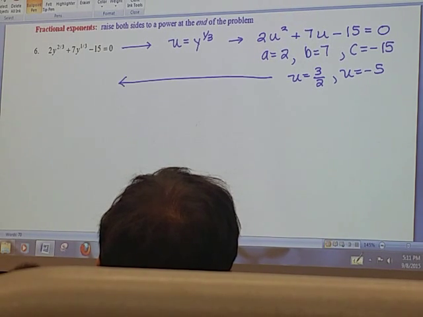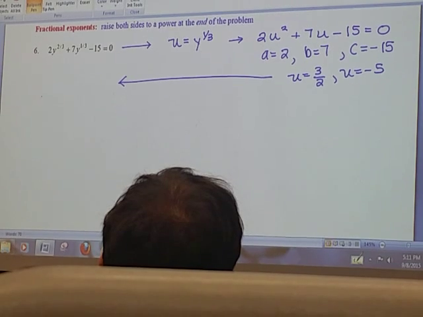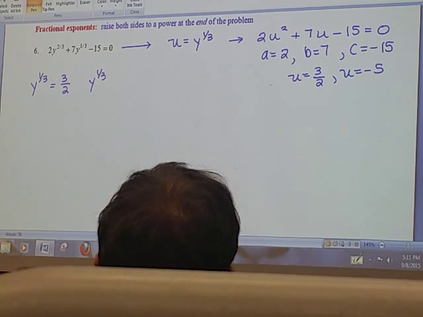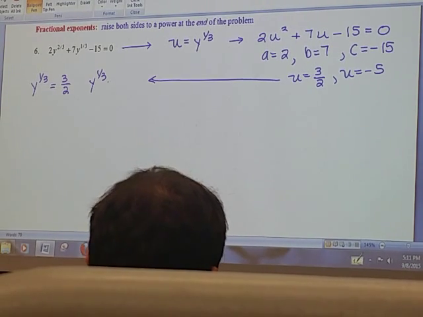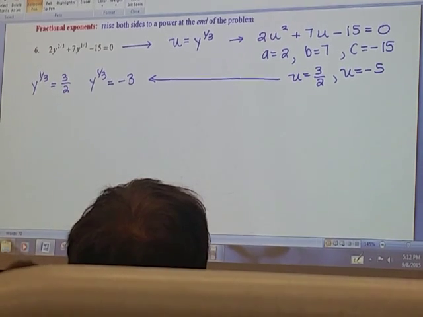And back to here. And I put back into there what I really should have been writing all along, which is y to the 1/3 equals 3 halves, y to the 1/3 equals negative 5. And once again, I have something different. Now remember, fractional exponents.